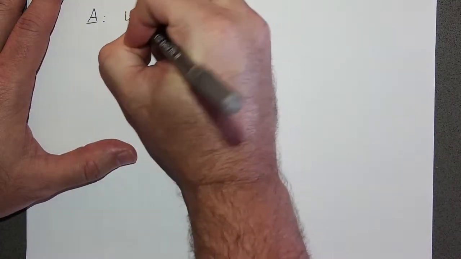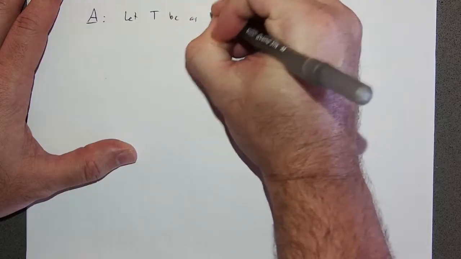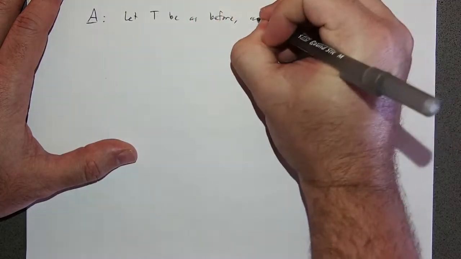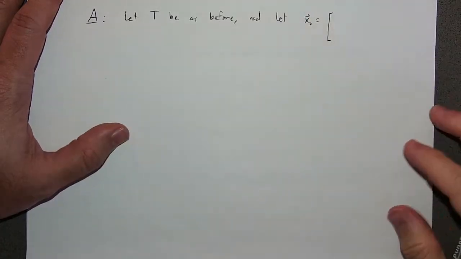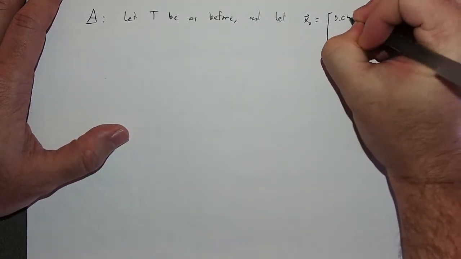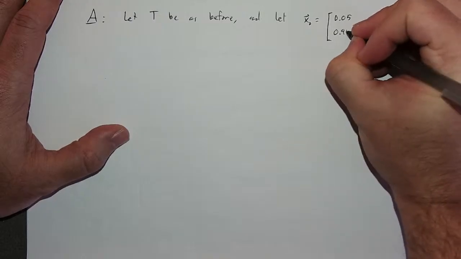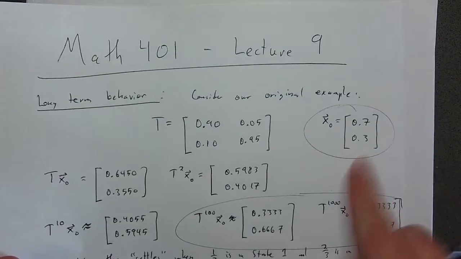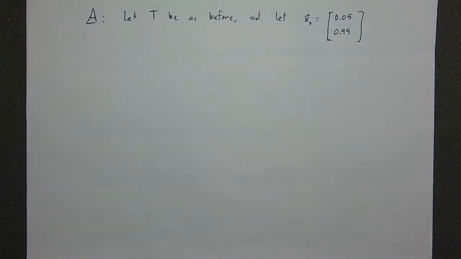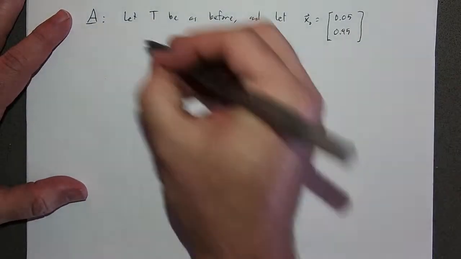So let T be as before, and let x naught be a very different distribution: 0.05 and 0.95. So this is still one of these probability vectors that sums to 1, right? Its entries sum to 1. But this is a very different distribution than what we started with in this example. Okay, so let's see how this goes.